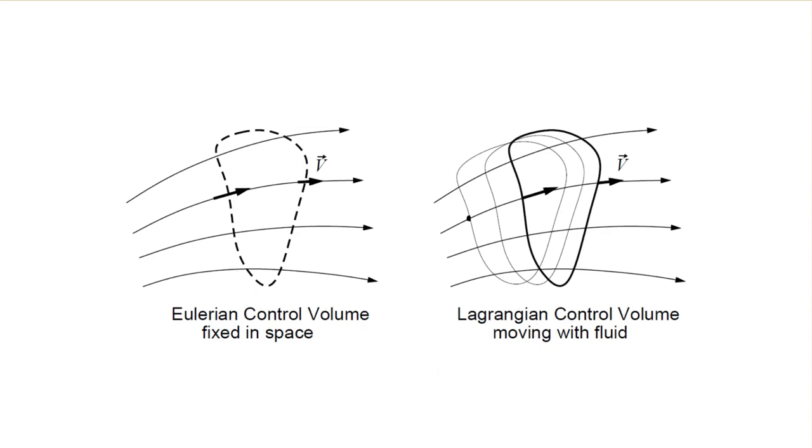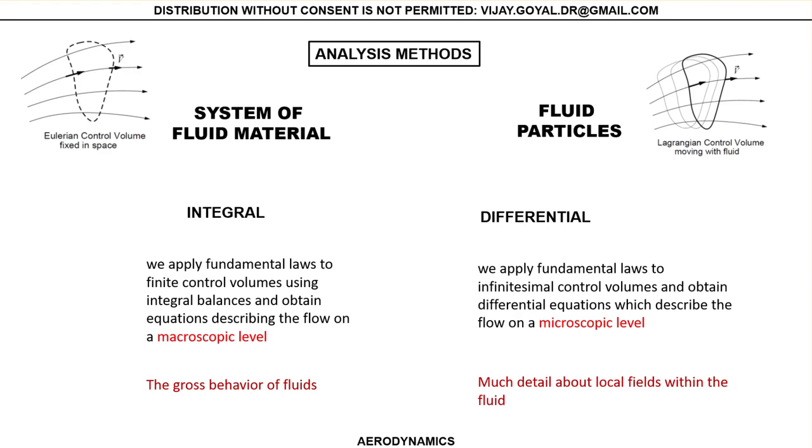Okay, and they have their purposes, right? If I'm working with the Eulerian method, it's a different type of integral form, especially if we work at a microscopic level. That's what's important. If I'm staying on top of the particles, moving with the particle itself, typically we have a differential equation. We don't have an integral form of the equation.